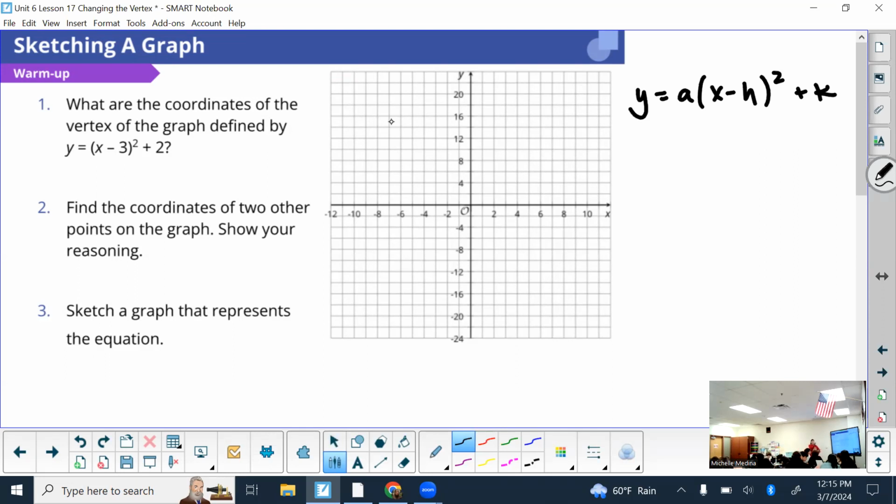So that is it. What letters give me the vertex? H and K. So then table 3, what's the vertex of this equation?